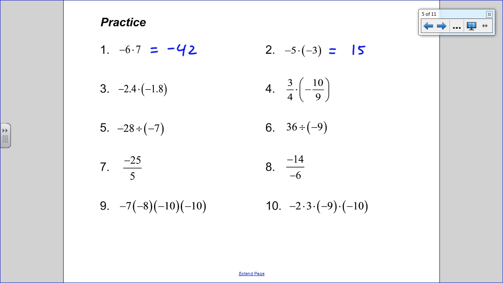In problem number 3, we once again are multiplying 2 negative numbers, but they're decimal numbers. In this case, we can again expect that our answer will be positive, and the absolute value of our number would just simply be the product of 2.4 times 1.8. So we can multiply those numbers out.